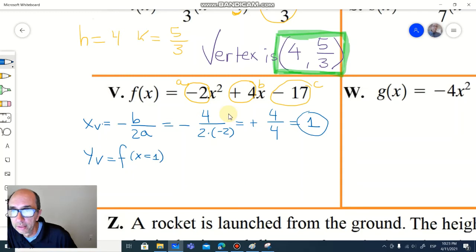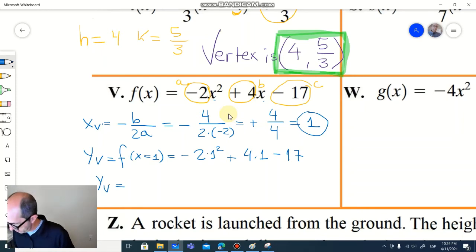See? Negative 2 times 1 squared plus 4 times, instead of x, 1, minus 17. And the answer, y of the vertex, equals, in this case, negative 15.